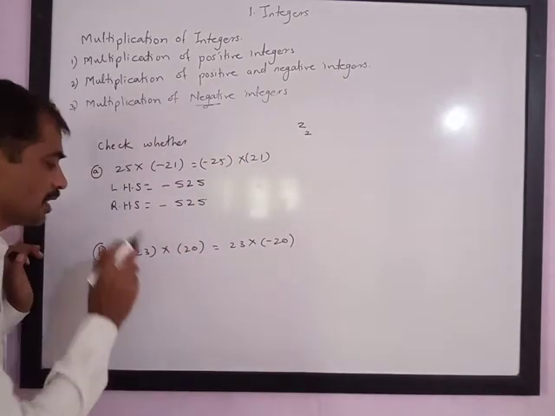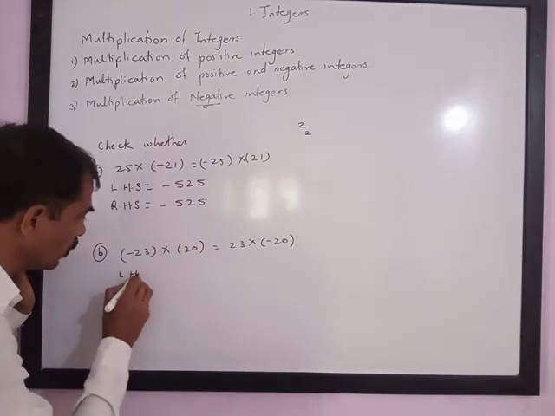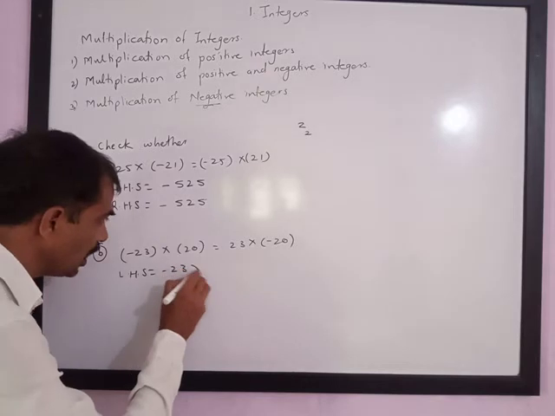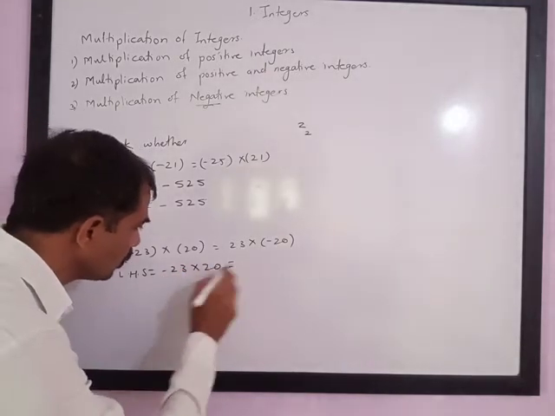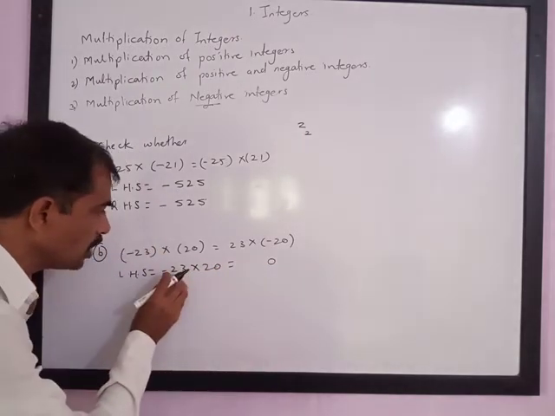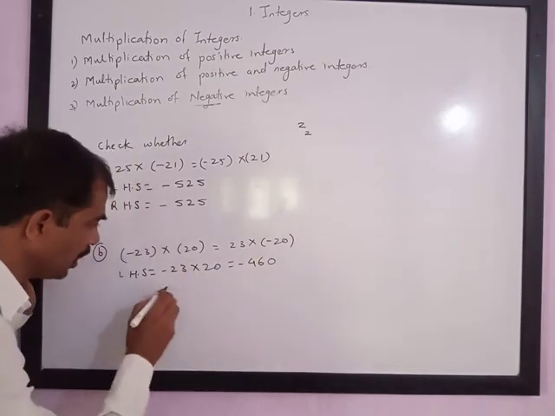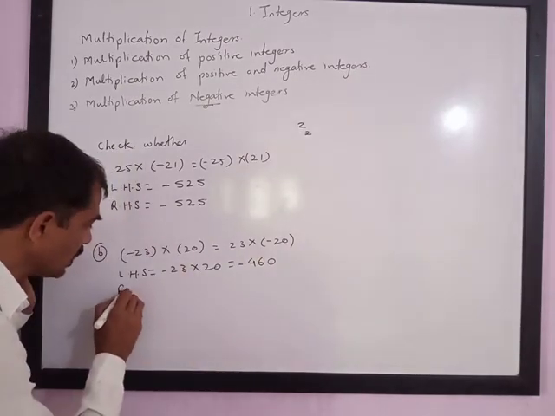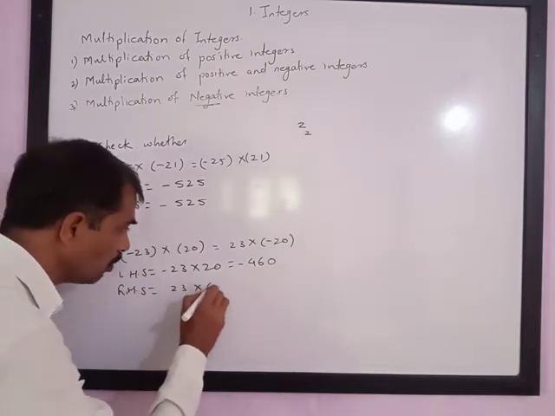Let us check the next also. Now we know that this LHS is equal to minus 23 into 20. 23 is 60, 6 carries, 20 twos are 40, 46. The answer will be negative. Then let us check RHS. RHS is equal to 23 into minus 20.